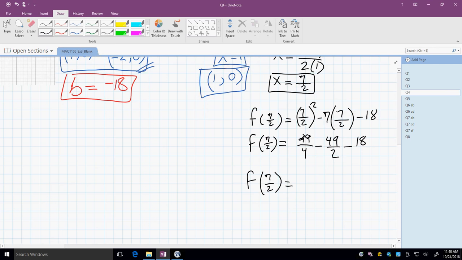In order for me to combine it, I'm going to multiply the second one by 2 and 2 top and bottom, and the last one by 4 top and bottom. Remember that we have the 1 here, and all the denominators have to be the same.